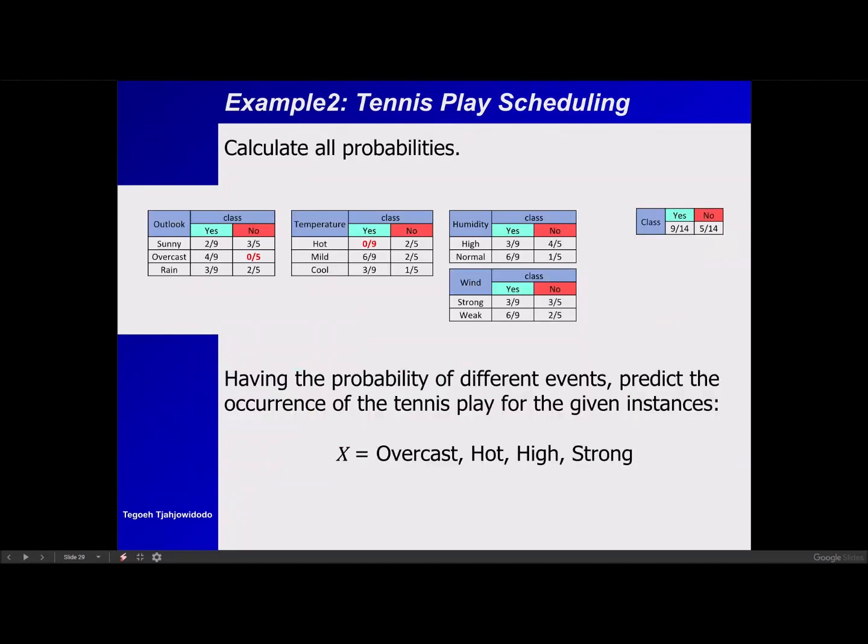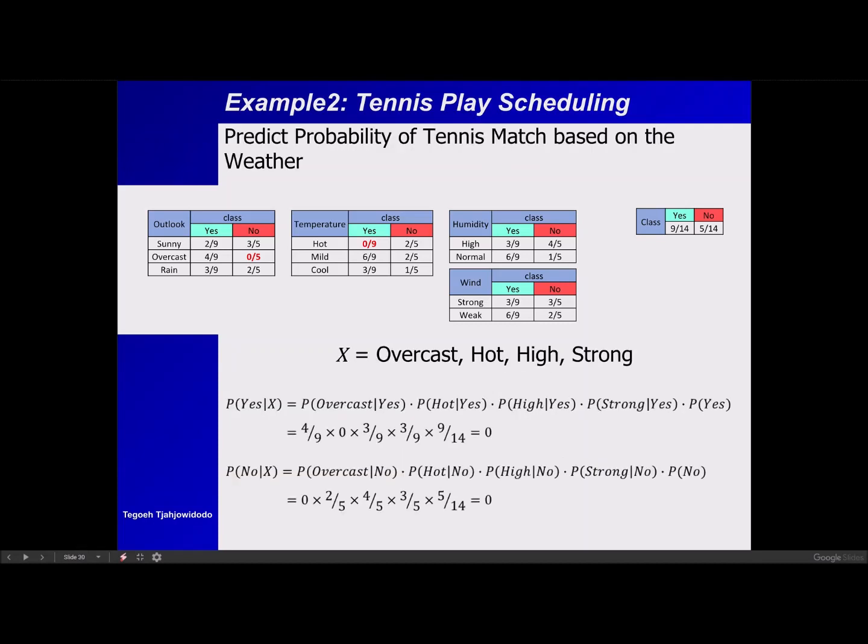So we are going to estimate this class based on the Bayesian theorem. Let's take a look again at this probability table, and then we will calculate the probability of yes, meaning the tennis match is played, given the underlying weather condition X: overcast, hot, high, and strong.